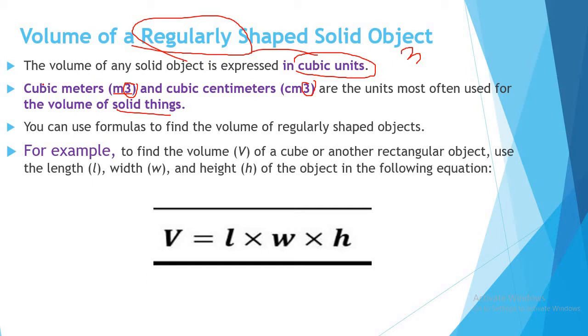You can use a formula to find the volume of a regular shape. Volume of a regular shape equals length times width times height. To find the volume of a cube or another rectangular object, use the length, width and height of the object in the following equation.